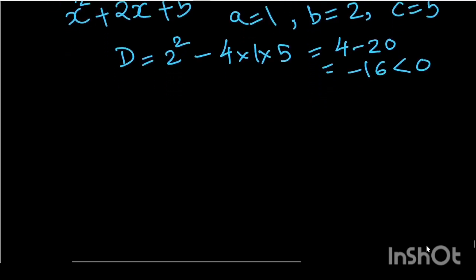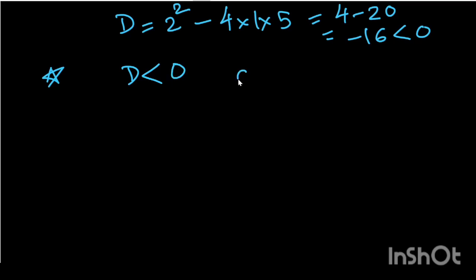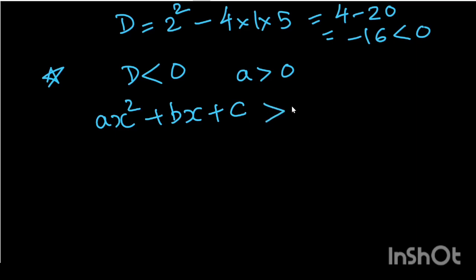So any quadratic expression, guys, whose discriminant is negative and coefficient of x square is positive, the same as the previous example, it can be proved by converting this expression into a perfect square that this is positive for all x belonging to R. What I mean to say is the solution of this is all R. This is an identity in x.